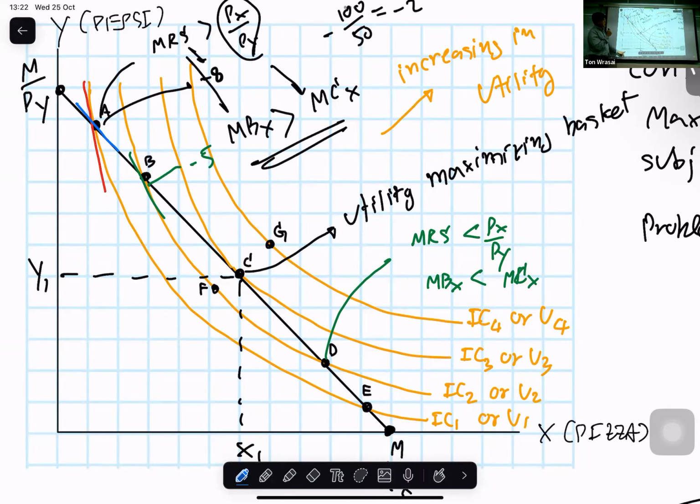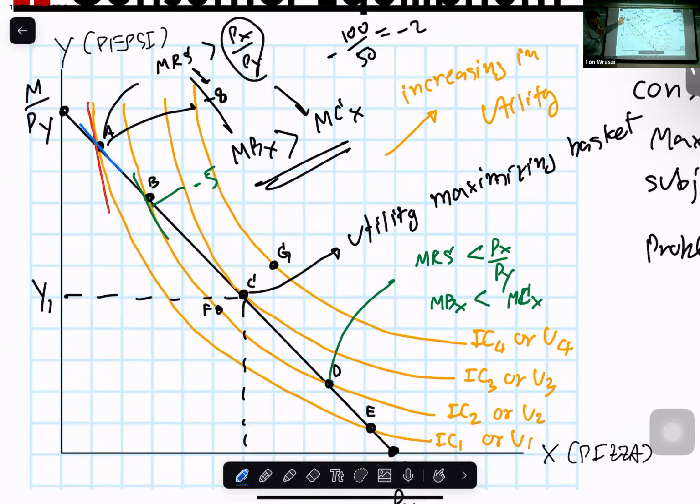He has a little pizza but a lot of Pepsi. He is willing to give up a lot of what he has plenty of in exchange for another good that he has few of. So when he is hungry, he is willing to give up 8 units of Pepsi to get 1 slice of pizza. So this is what -8 means.